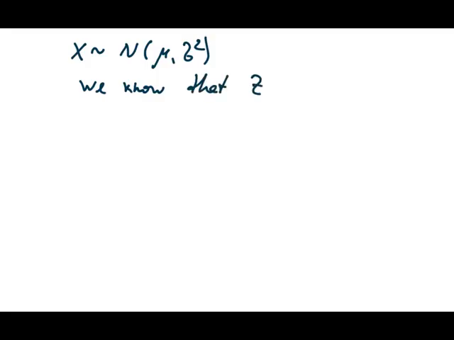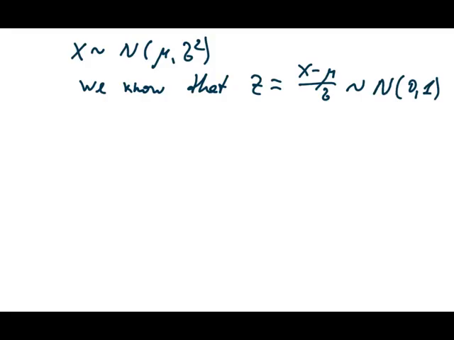Now we extend this problem to a random variable x, which has normal distribution with mean value mu and variance sigma squared. We know that z, which equals x minus mu divided by sigma, has standard normal distribution.